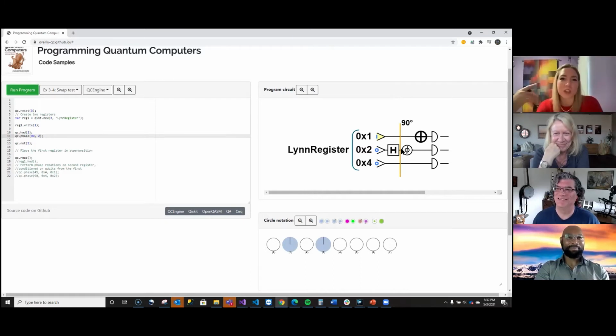Sure, could you say your question again? So here, let me start again, if you don't mind. We put the second qubit in the Lynn register into superposition. As you can see here, this started superposition, and then we performed the phase operator, and the phase operator was 90 degrees, meaning the 1s are going to shift 90 degrees.